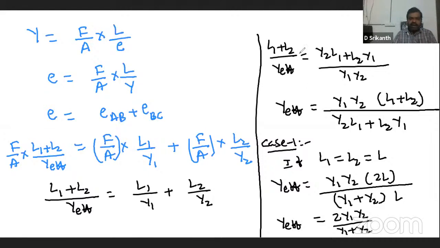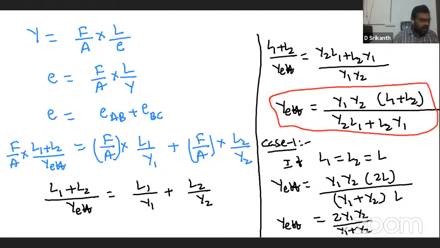If the rods are in series, we are having the effective Young's modulus, Y effective, this is the formula.